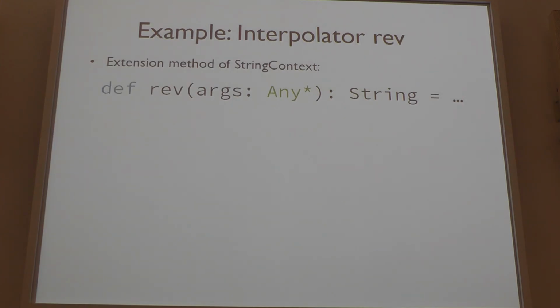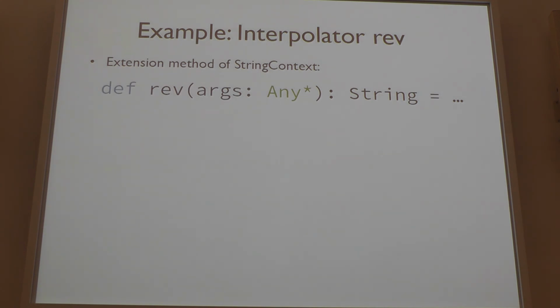But Scala is a general language, and the authors of Scala don't like to make special compiler or language features, so they make everything very general. That's why string interpolation is also general. If you want to make your own interpolator, you can create an extension method of StringContext. For example, in my case, I called it rev.